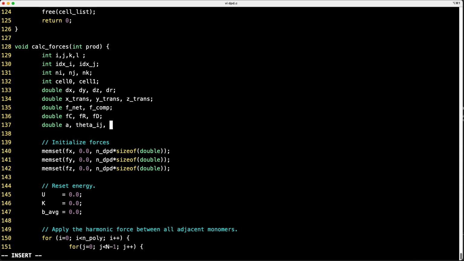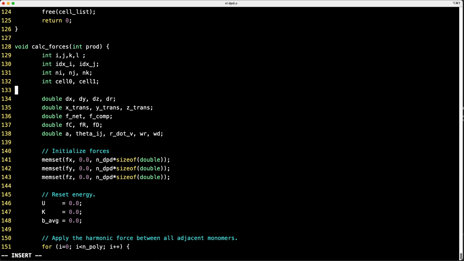We've got that random number with 0 mean unit variance for the random force. We need the dot product between the unit vector in the direction of r and the velocity difference between particles i and j. Weight factor for the random force and the conservative force, and weight factor for the dissipative force. And I believe that is everything.